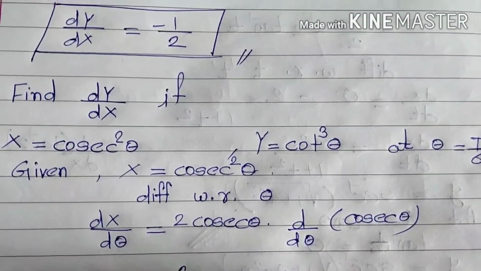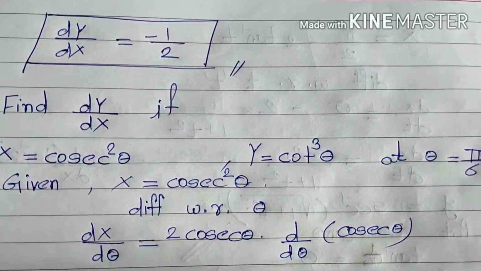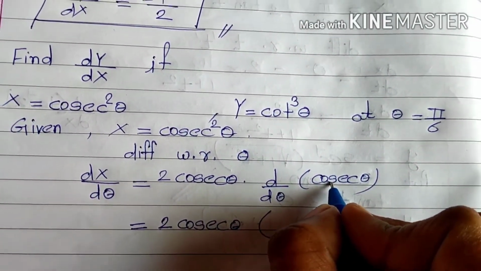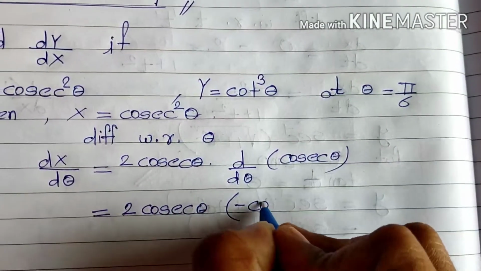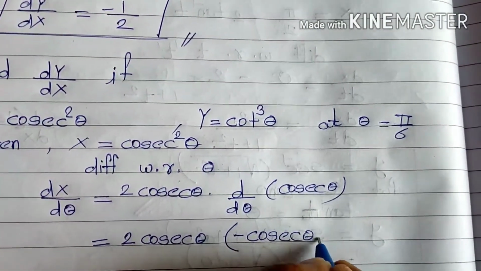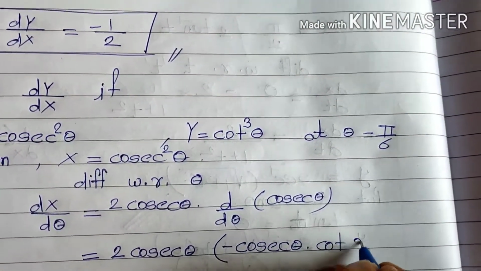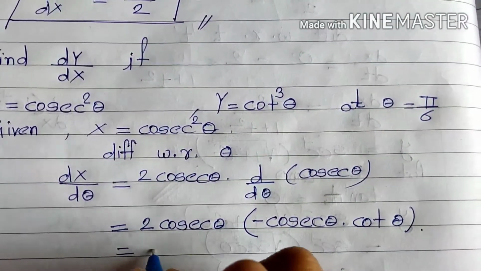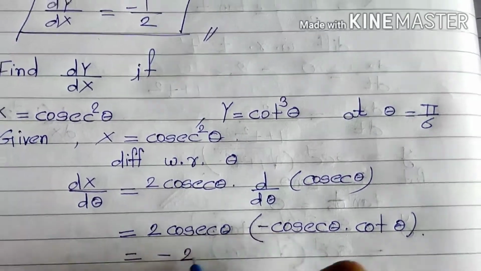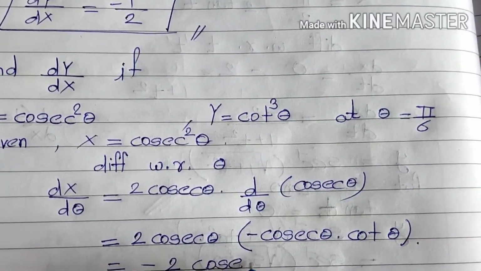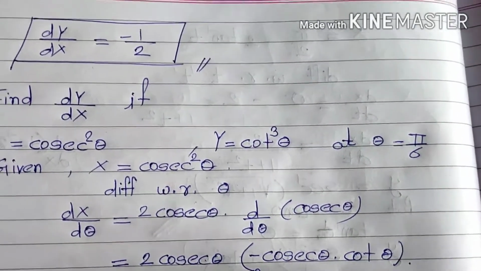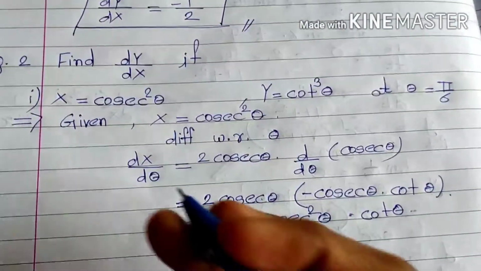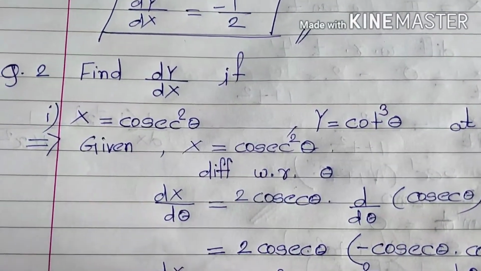So it is 2 cosec theta and the derivative of cosec theta is minus cosec theta into cot theta. So it can be written as minus 2 cosec square theta into cot theta. So this is dx upon d theta.